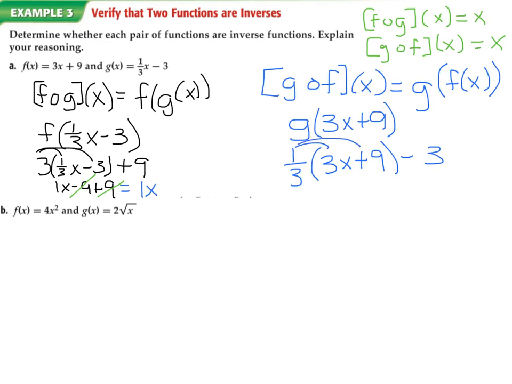I can distribute here so that I have 1x plus 3 minus 3. Here, my 3's will cancel, so I'm left with 1x. So in this case, we can say that they are inverses because these two things are equal.